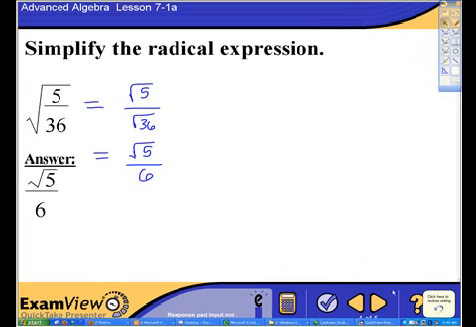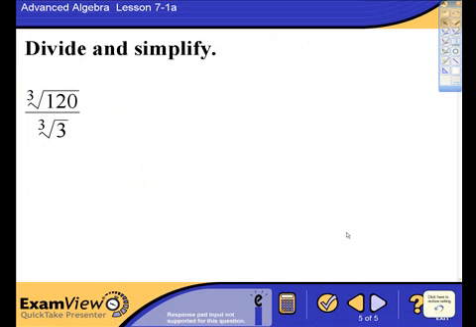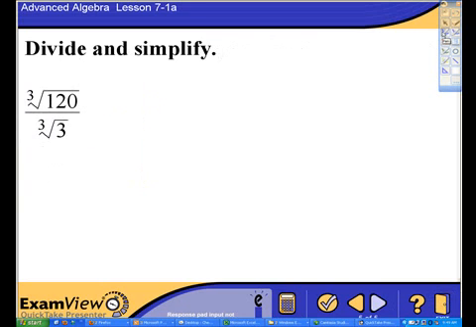All right. Let's try this last type. Cube roots. Cube root 120 over cube root 3. Let's see. That's the same thing as, we can go the other direction here with the root, 120 over 3. 120 divided by 3 is what, 40? So cube root 40. We've got to find a perfect cube that goes into 40, not 48, 40.